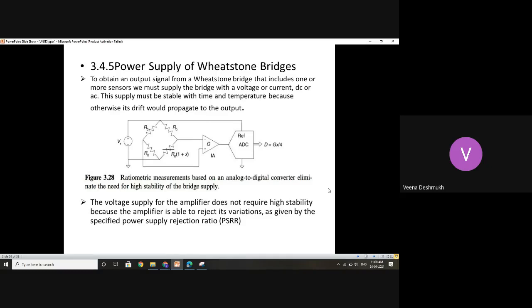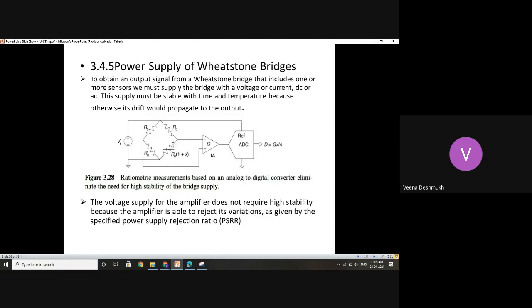Because basically what we need is between the two terminals or two junctions of the bridge, we are connecting the power supply, and another two terminals or junctions, the opposite junctions, are going to give us the variation in the voltage occurring due to the variation in the sensor resistance.